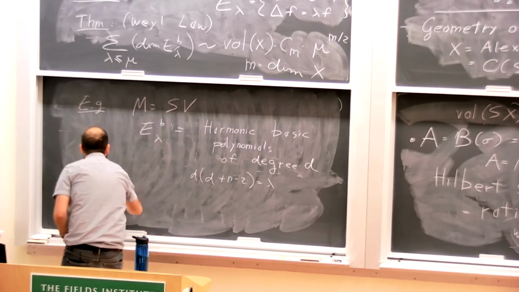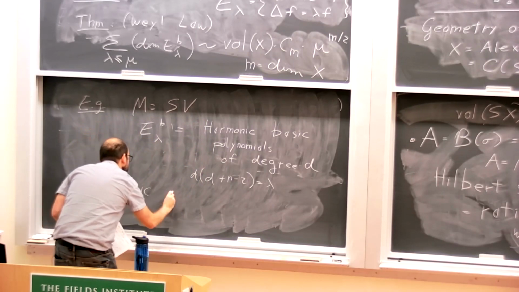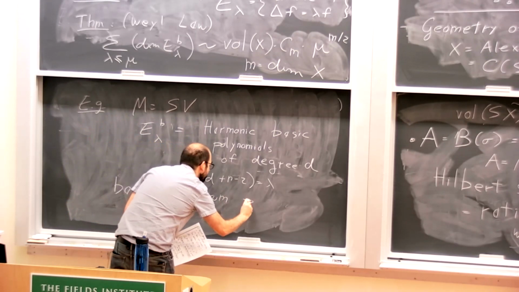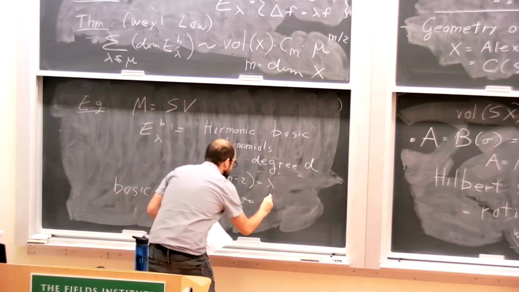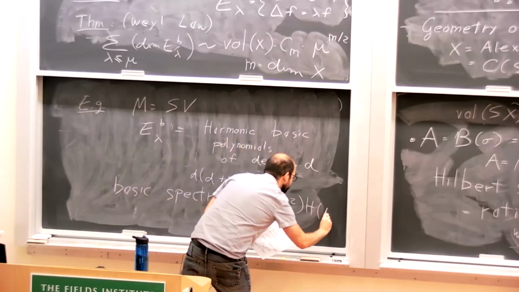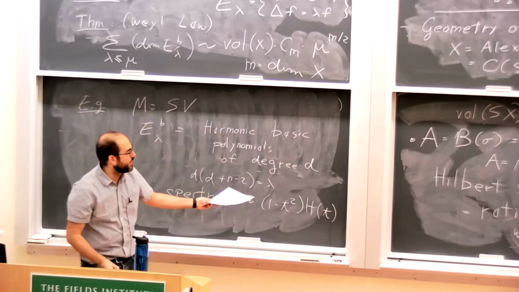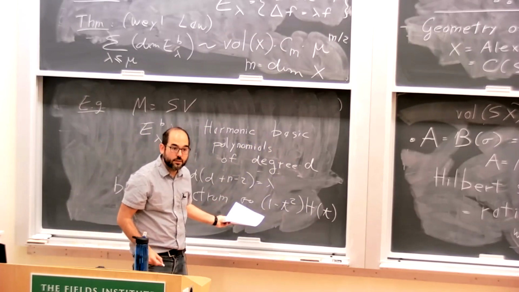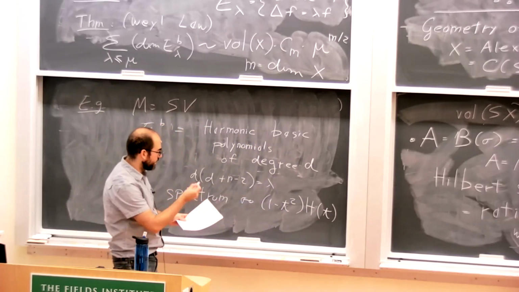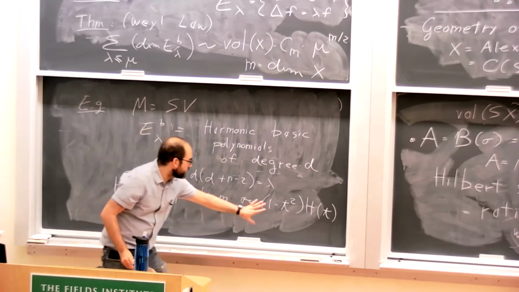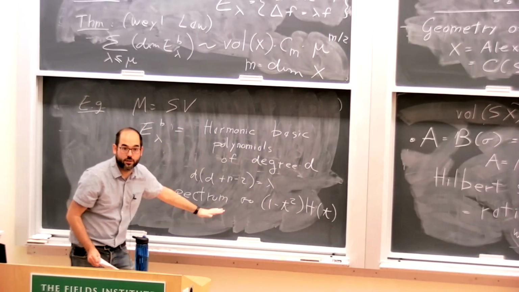So the basic spectrum contains the same information in this case, counted by this function here. In terms of counting functions, you can just take that Hilbert series and multiply with 1 minus t squared. This takes care of the counting, and this function counts the basic spectrum.